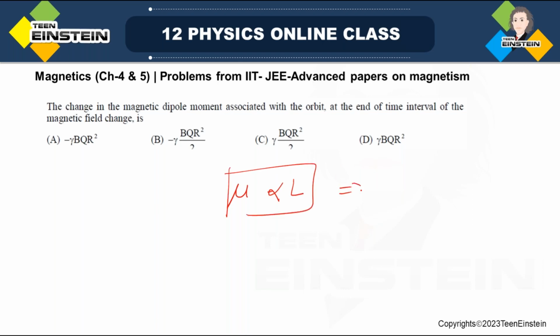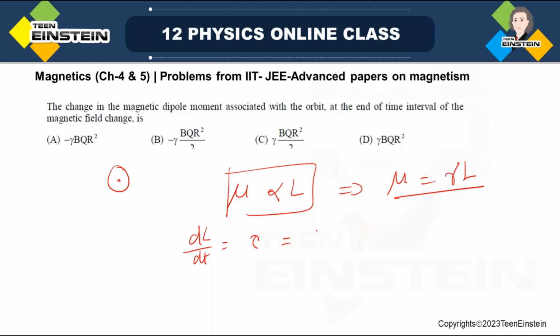This is the relation we can use, mu is equal to gamma L. Now how do you find out L? We know dL by dt is equal to torque. So how do we write the torque?